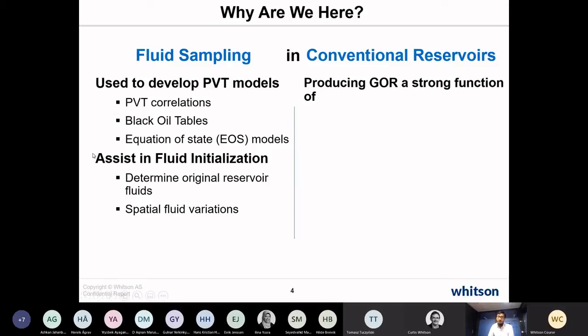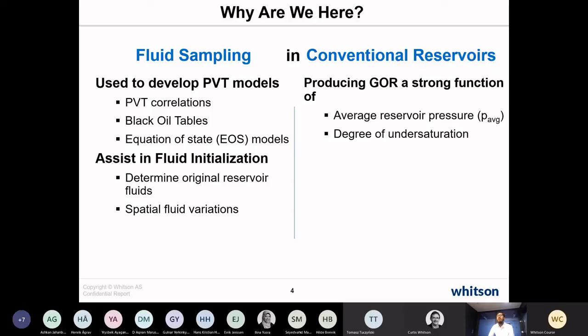In conventional reservoirs, the producing GOR is a strong function of the average reservoir pressure. I think Matthias already discussed this: in unconventional reservoirs, the producing GOR is a strong function of the flowing bottom hole pressure. But in conventional reservoirs, when we have high permeabilities, the producing GOR is mainly a function of your average reservoir pressure and also the degree of undersaturation.